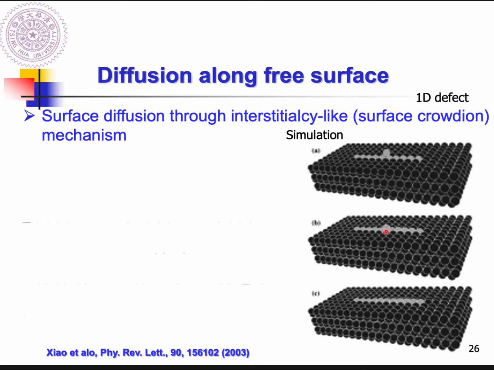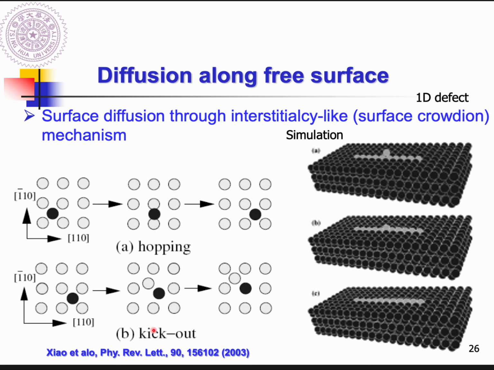Through what? Through hopping or kick-out. So what's hopping? Hopping means the diffusing atom was at the interstitial site and will jump through interstitial sites. And kick-out is where the diffusing atom was at the interstitial site and it moves to a substitutional site and kicks out the atom that was at the substitutional site.